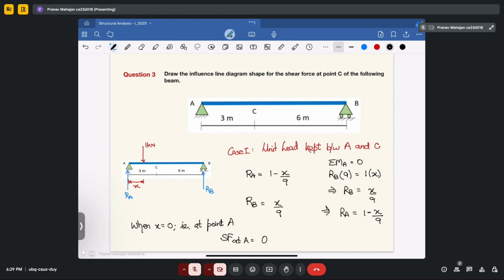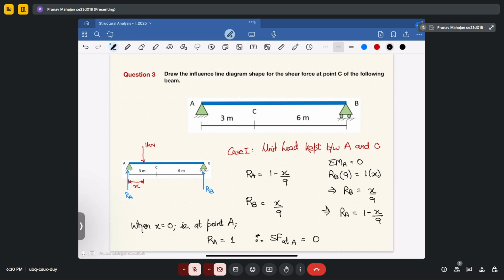Let me tell you. In this case your RA will become equal to 1, therefore your shear force at A, sorry, will become equal to 0, because your applied load and your reaction force are the same.